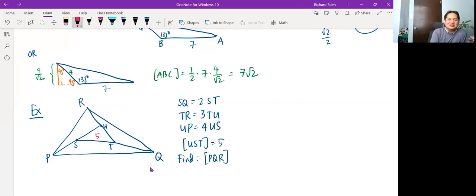Hmm. Let me give labels to, let's call this X, Y, and Z. ST, TU, and US are respectively X, Y, and Z. Are STQ collinear?